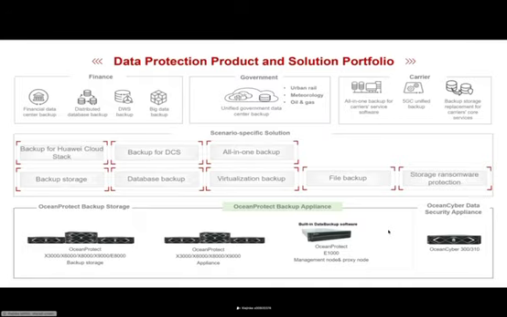So first, let's take a look at this picture. Actually, this is our data protection product and solution portfolio. From this page, we can see that we have so many different types of solutions. We have our backup storage, also backup plans, and also the security plans, which is named Ocean Cyber.